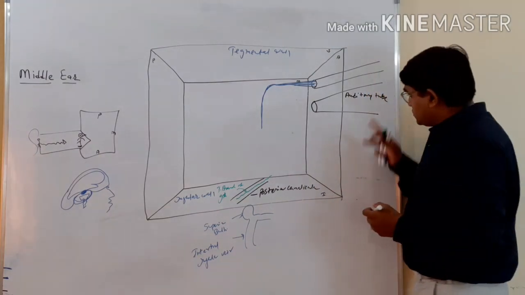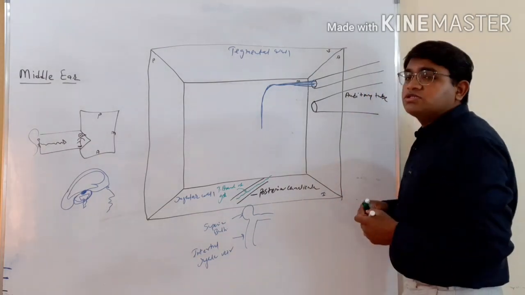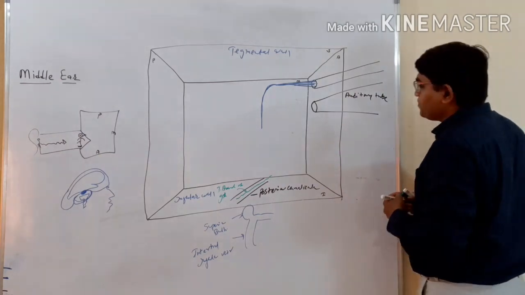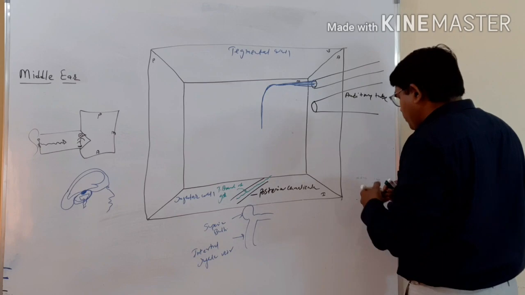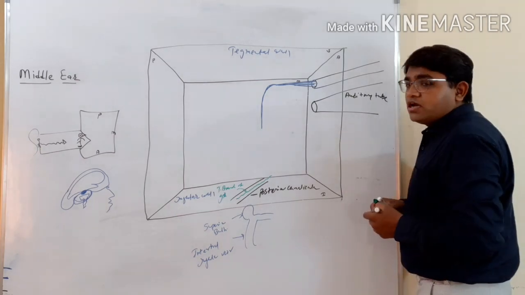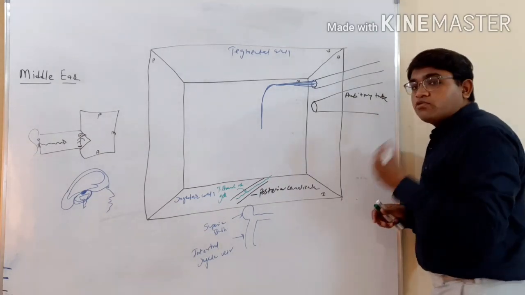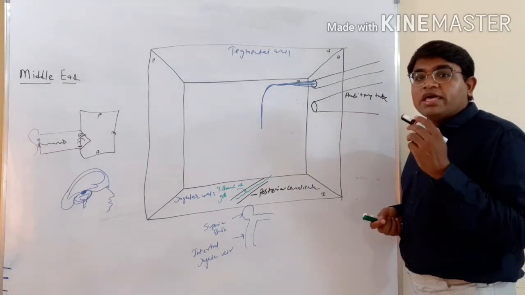So this auditory tube opens onto the anterior wall of the middle ear cavity. Then inferior to the auditory tube, the anterior wall of the middle ear cavity forms the posterior boundary of the carotid canal.